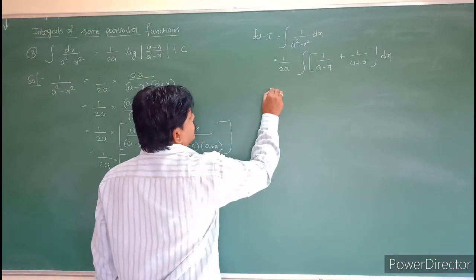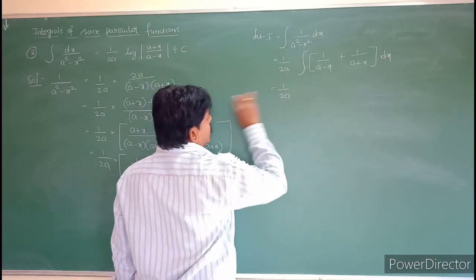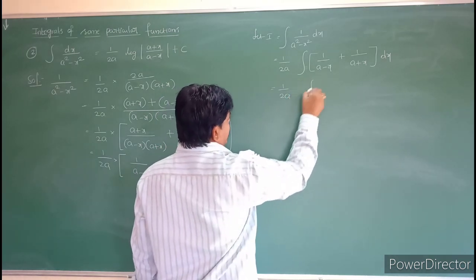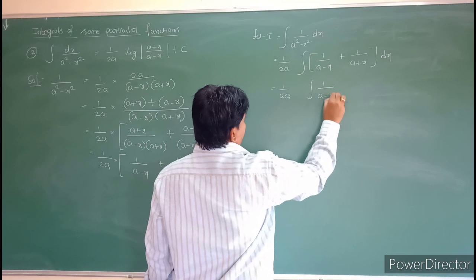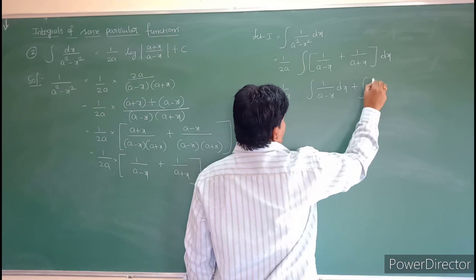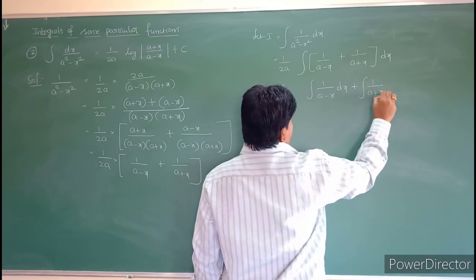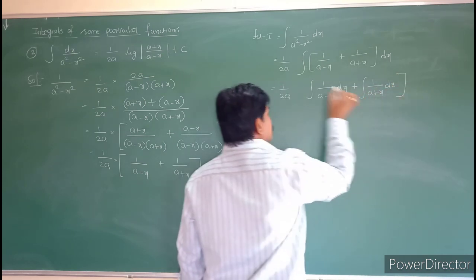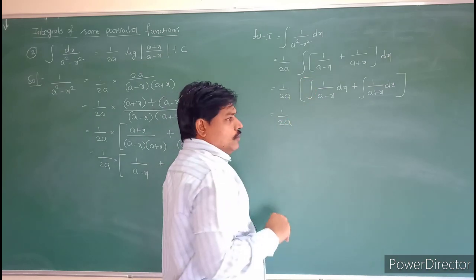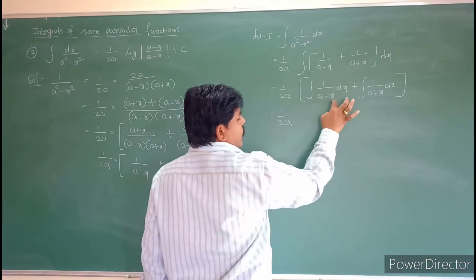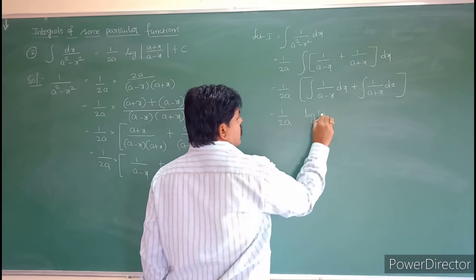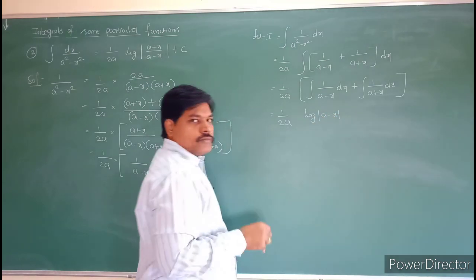So that is equal to 1 by 2a into, here is a very important step. How to apply the integration? That is the integral of 1 by a minus x into dx plus the integral of 1 by a plus x into dx. So that is equal to 1 by 2a into, here 1 by a minus x is log of mod a minus x.